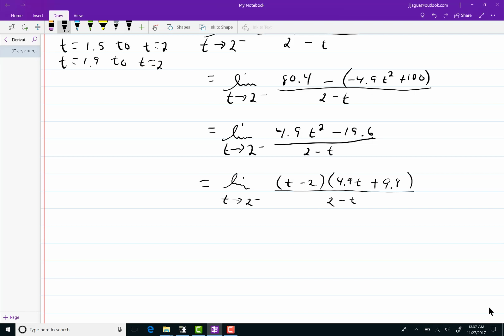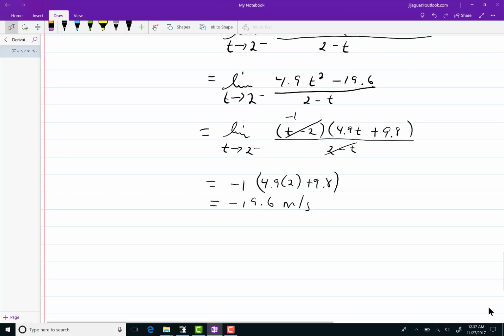Now here I can cancel, except be careful. One is the negative of the other one. So we put a negative 1 here to indicate that it's that negative. Now I'll put the negative 1 here, and I'm able to substitute in t equals 2. So I get 4.9 times 2 plus 9.8 equals negative 19.6 meters per second, exactly like I had before.